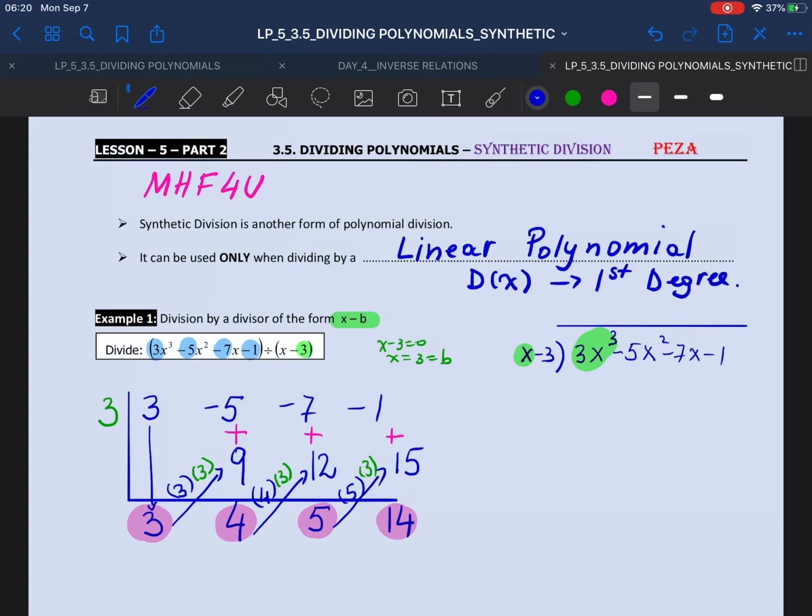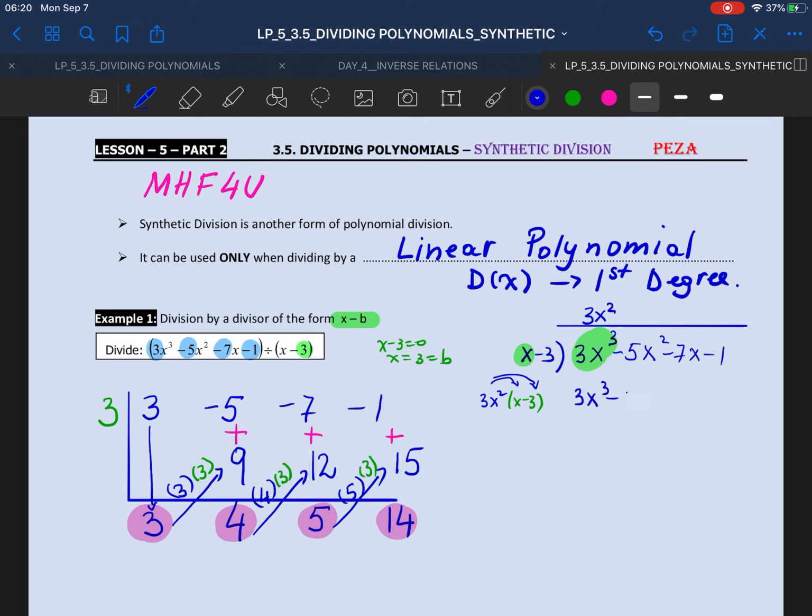And we say that x goes into 3x cubed 3x squared times. So we take that 3x squared and we multiply it by x minus 3. And we'll say that that will give us 3x cubed minus 9x squared.